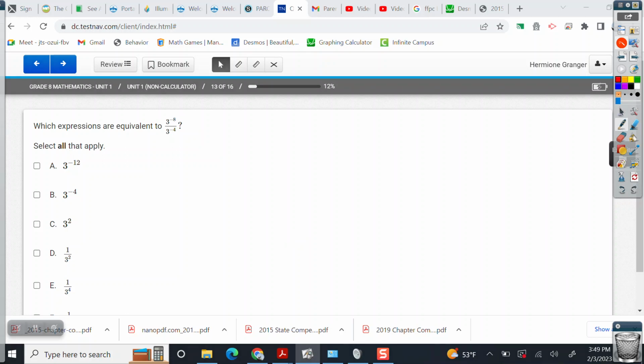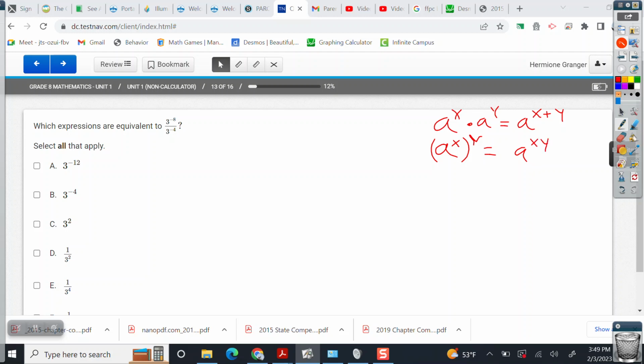So the rules of exponents say a to the x times a to the y is equal to a to the x plus y power. A to the x taken to the y power is equal to, well, this is where we multiply them, x times y.